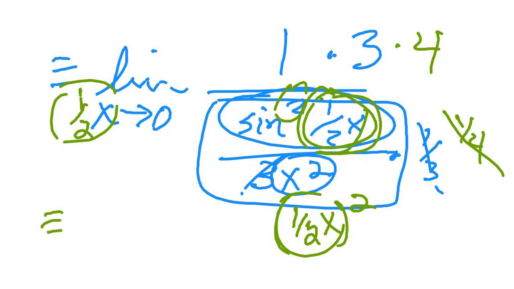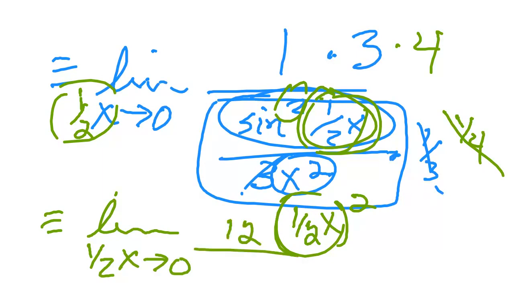That's equivalent to the limit as 1/2 x goes to 0 of 12 over sine of 1/2 x over 1/2 x quantity squared.